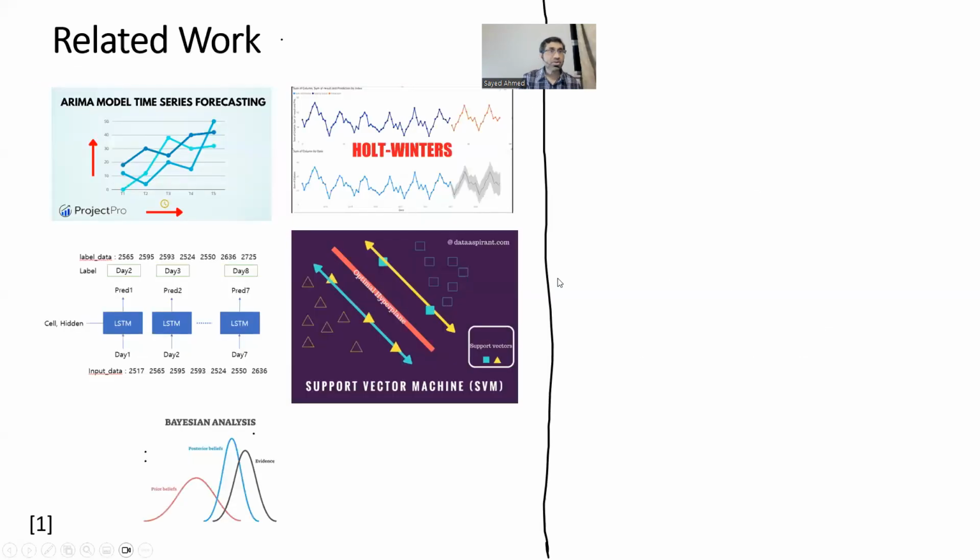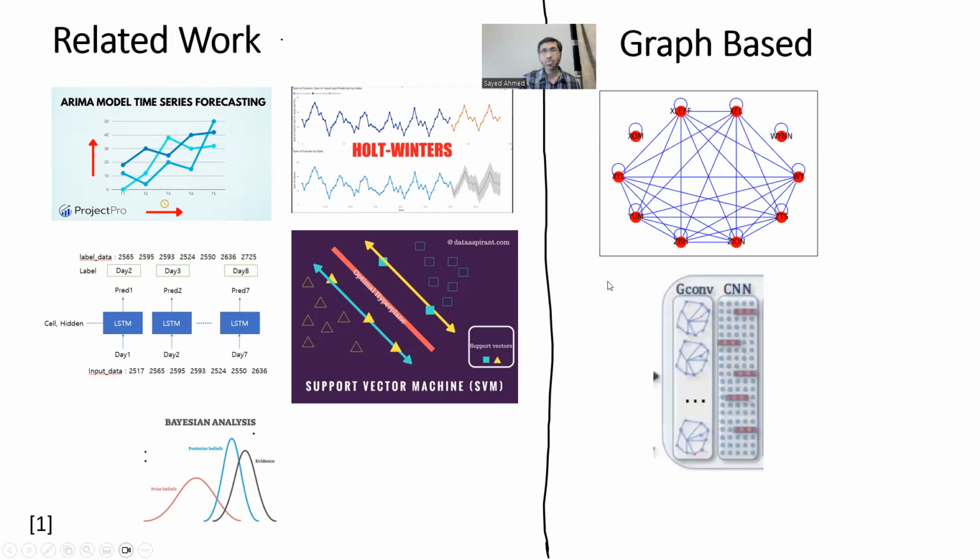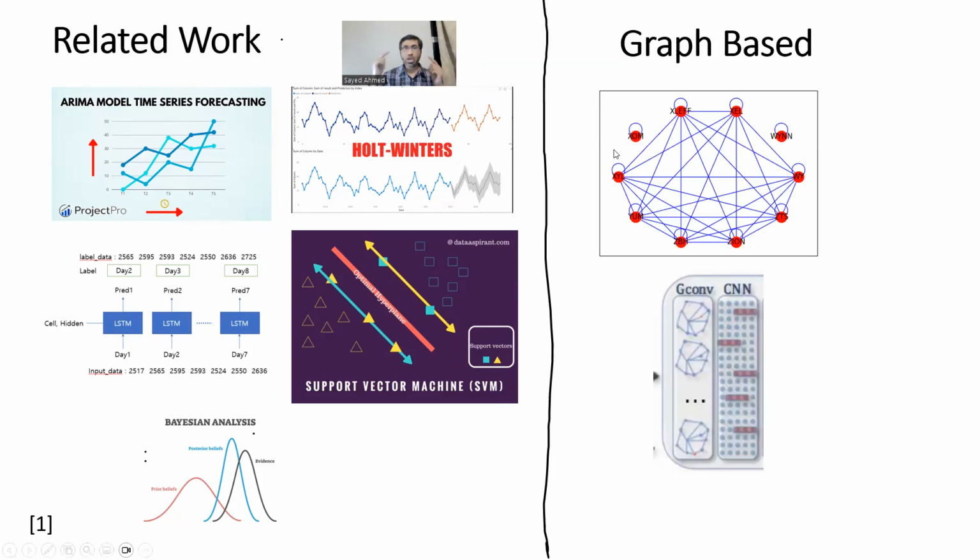So this is some related work. As you can see, the ARIMA model is mostly statistical, and then LSTM, support vector machine, Holt-Winters, Bayes, and all those are used for stock price prediction. SVM and LSTM usually work well. In this paper, the relationship among stocks is modeled into a graph.